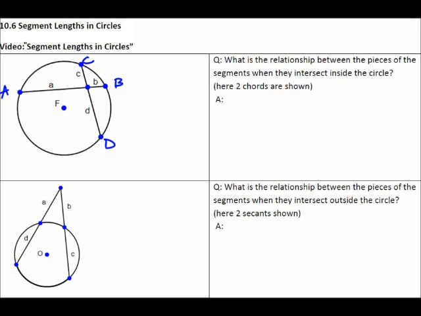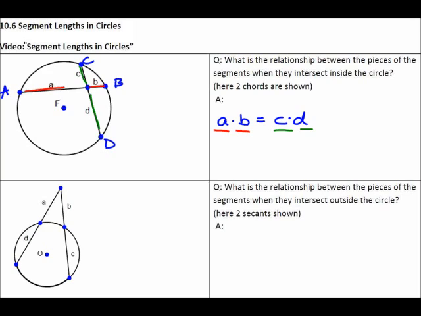So what that means is that we can take the pieces and multiply them together. So we can take little a times little b, and that's going to be equal to little c times little d.